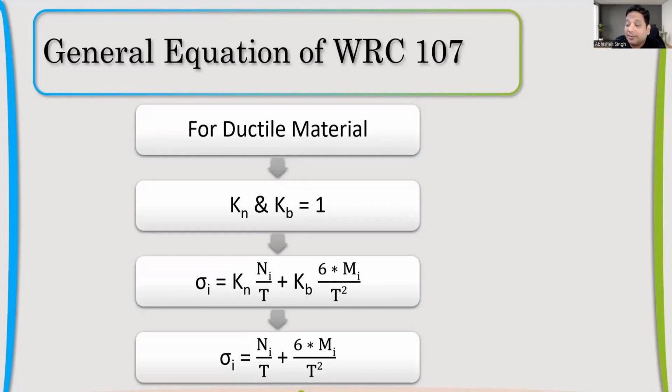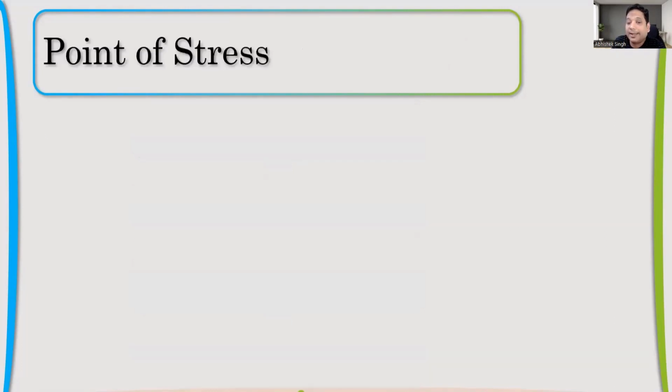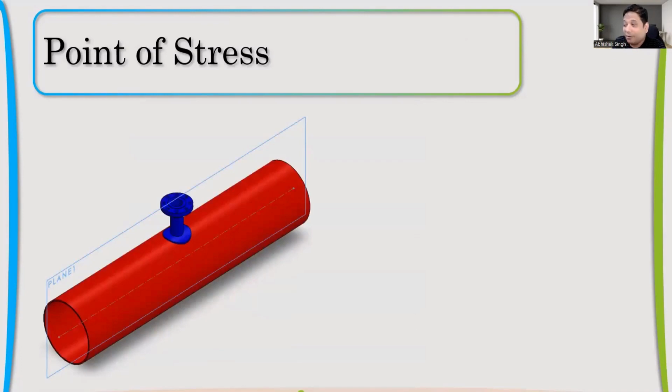That is the equation for 107, and everything is based on that. Now, let us try to understand. Till now, very easy. Now, we'll be calculating stresses at 4 points, 2 on the longitudinal and 2 on the circumferential. We'll come to that.